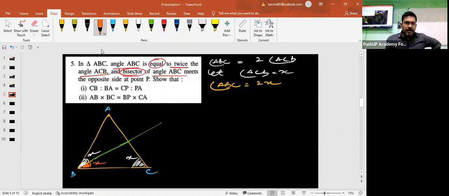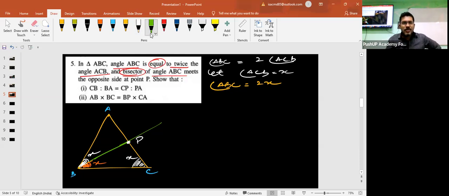Yeah. Then what they are asking us to show, bisector of angle ABC means the opposite side at point P. Okay, they are meeting the opposite side. No, opposite side is what? AC. And where they are meeting? At point P. Okay, so I'm labeling that point of intersection of the green line and the yellow line as P. Once you understand the figure, rest becomes easy. See this?